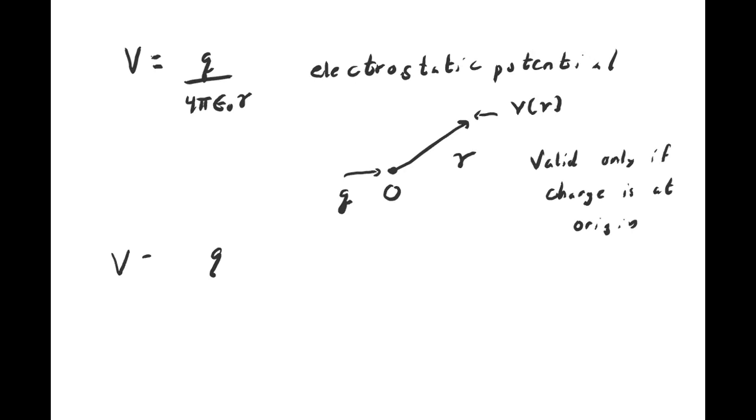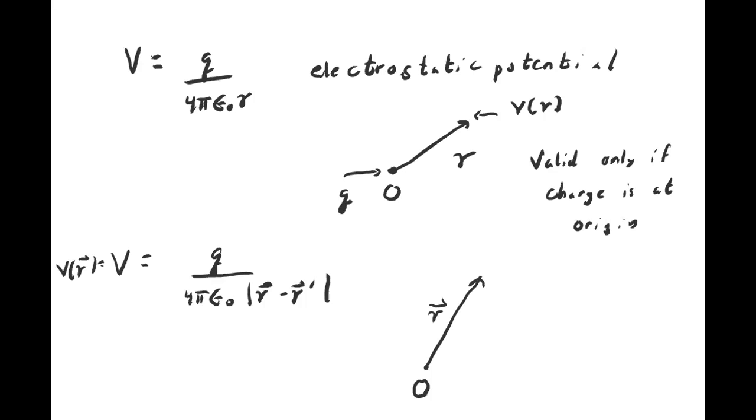What I'd like to do is write down a general expression for the electrostatic potential of a point charge, regardless of where I put the origin. I know how to do that. So again, here's my origin. Let me place a charge at some distance away from the origin. I need a vector to do that. That's going to be what I called my source vector, R prime.